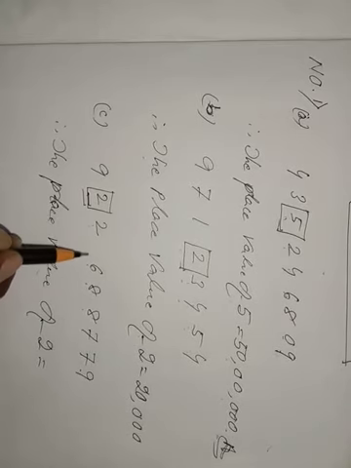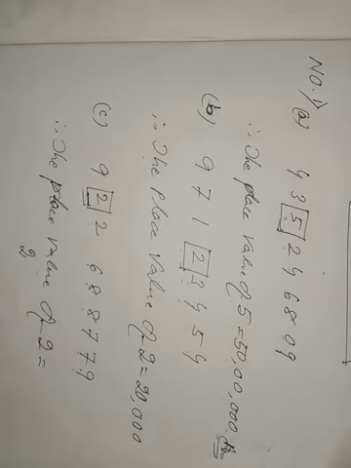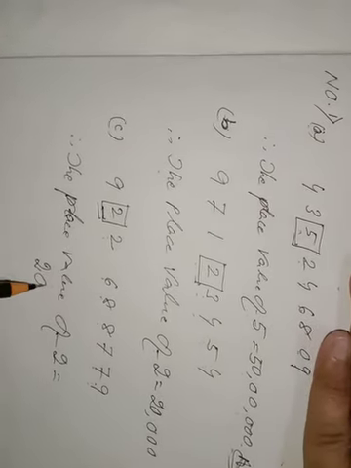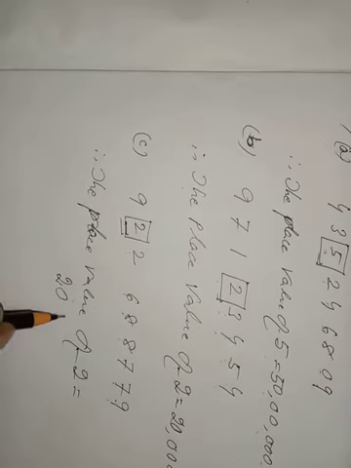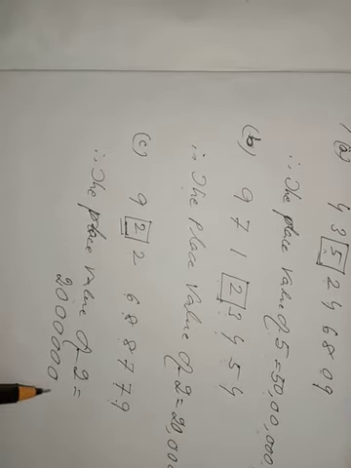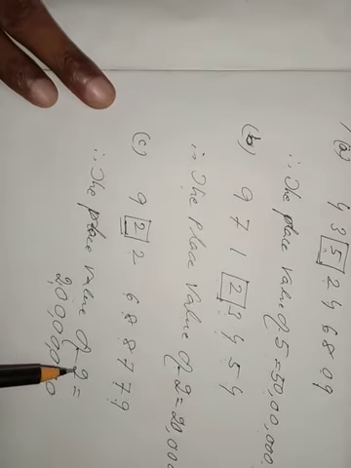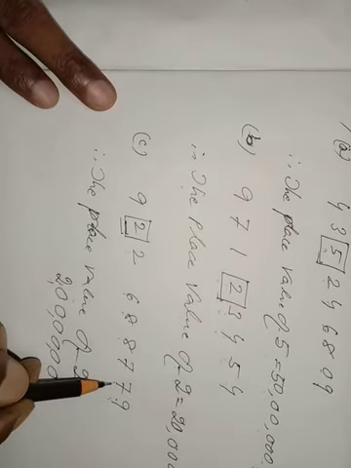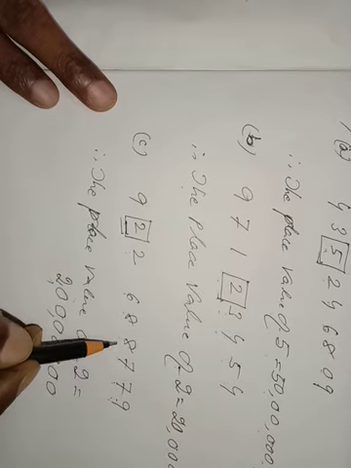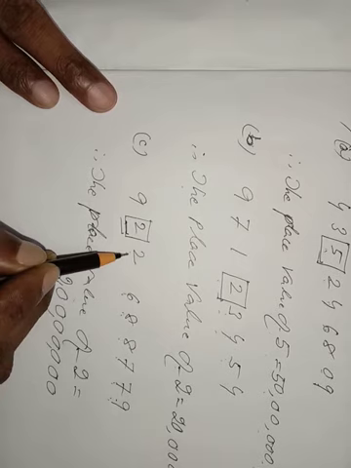See 1, 2, 3, 4, 5, 6, 7. Two crore. So the place value of 2 in this question is 2 crore.